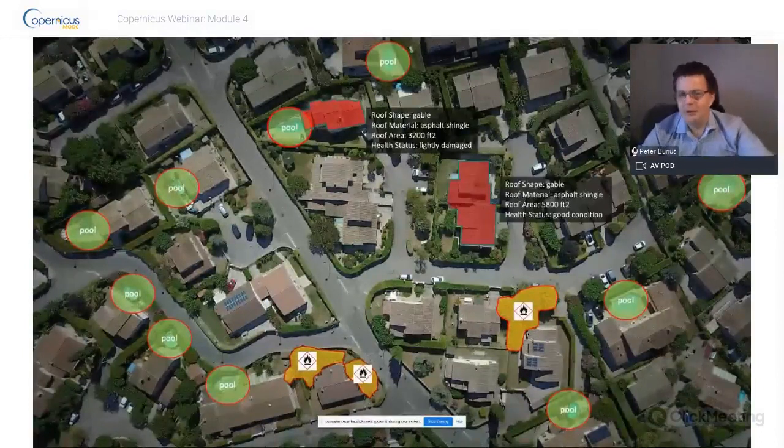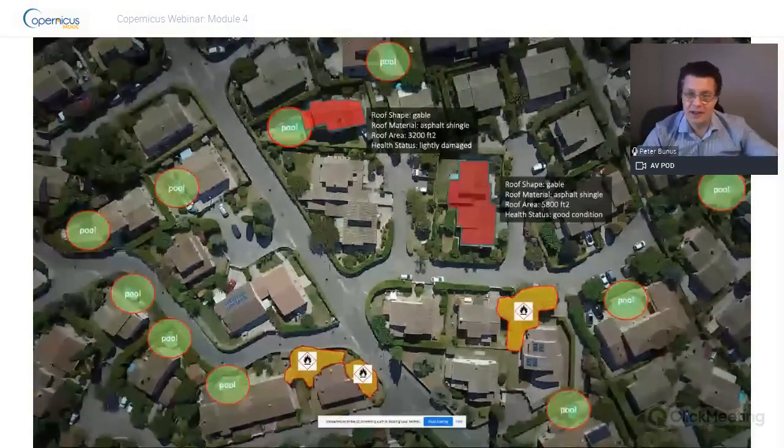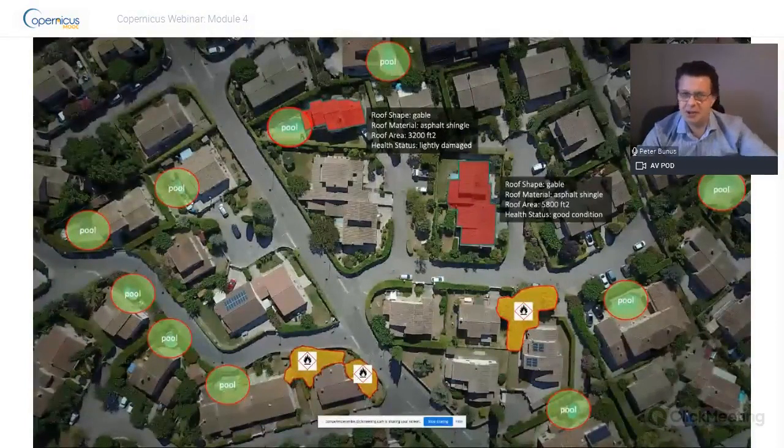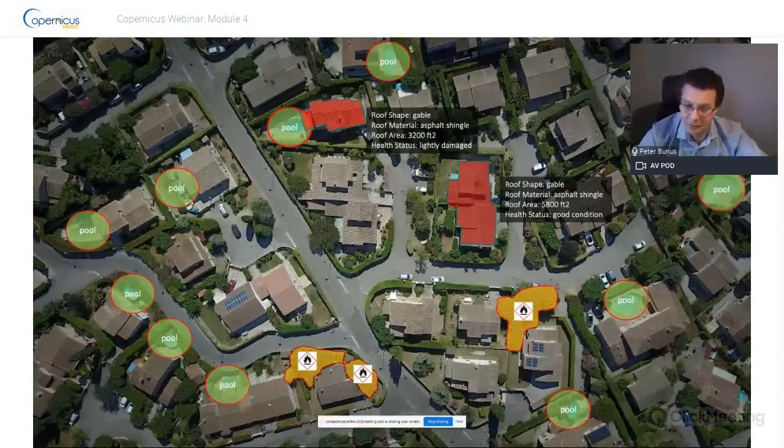The roof shape of every building tells us quite a long story about the safety of that particular building. For example, in this image, these two roof shapes are of a special type called gable. Now, it's well known that the gable roof shape does not resist winds very well, right?